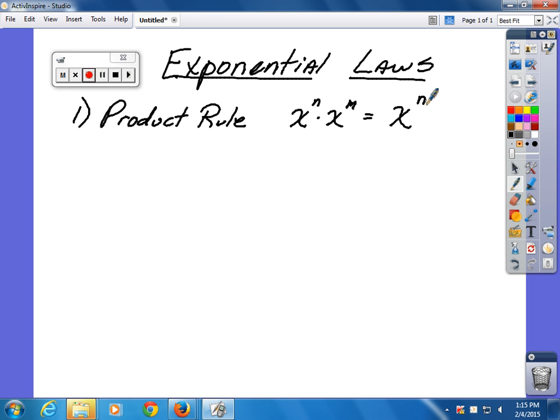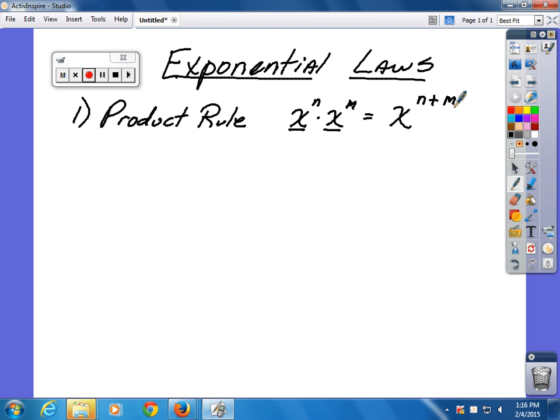What do you do to the exponents if the bases are the same and you are multiplying the terms? You add them. And that is the product rule. Product means multiplying. So when you're multiplying two terms and you have the same base. Now that's the kicker. If you have x squared plus y times y squared, you can't do anything with that. That's like mixing apples and oranges and getting apples. You can't do that. But if they're the same base, you can.